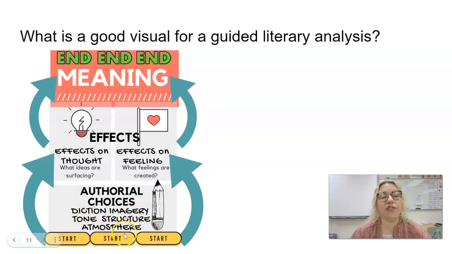Those are our facts in a guided literary analysis. And so if we can get back to these and make literal claims about them, then we can come up with interesting effects and meaning in the end.